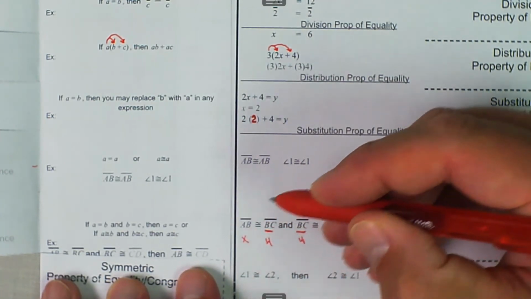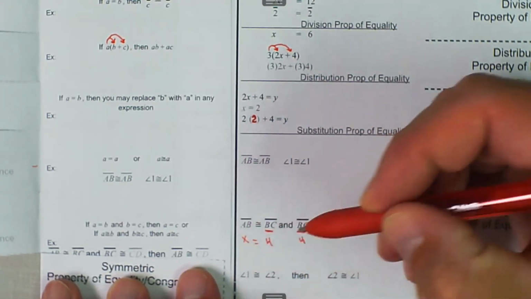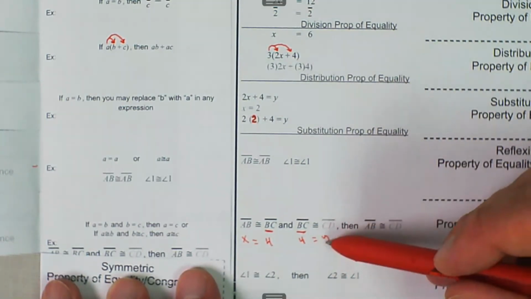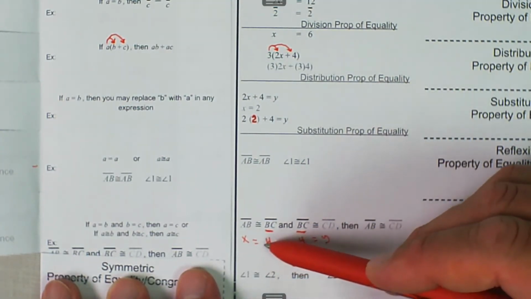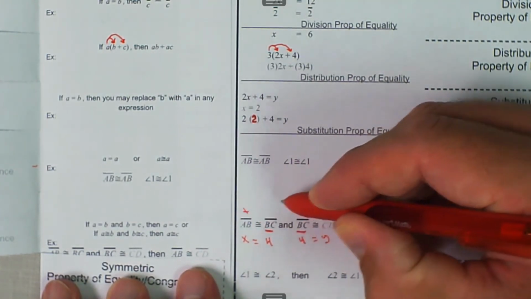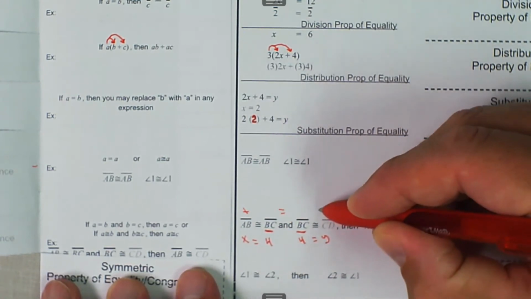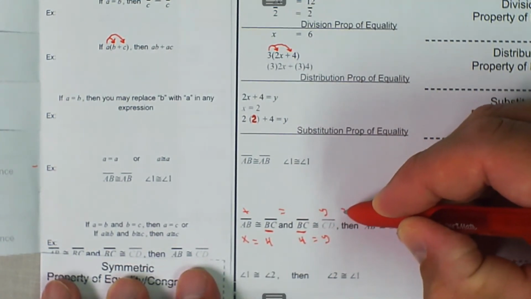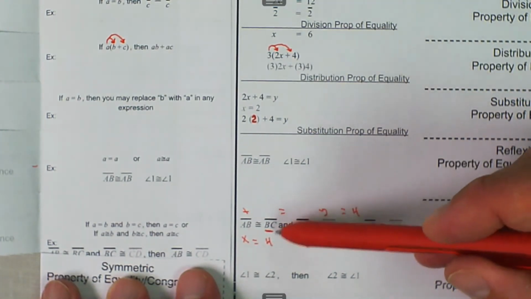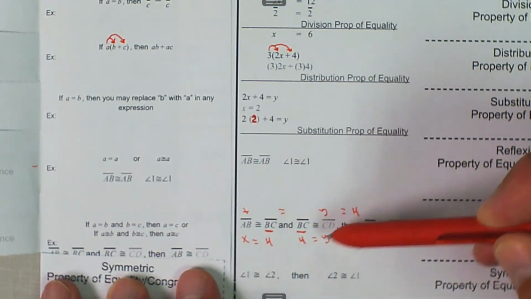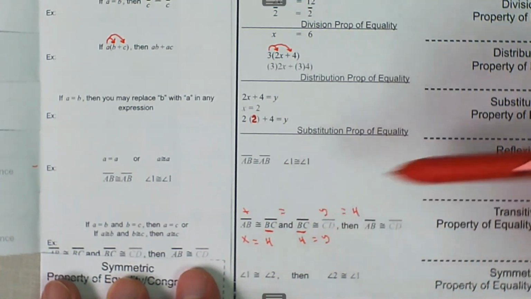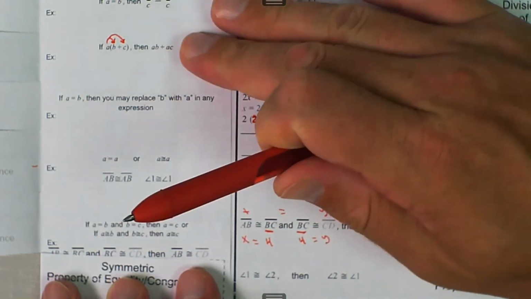If this is x, so x equals 4, and let's say 4 is equal to y, well, if y is equal to 4 and x is equal to 4, what we should be able to say is x is equal to y, and they're all equal to 4. And that's all that this is saying here. If x is equal to 4 and y is equal to 4, then everything's equal to 4 and they have to be equal to each other.